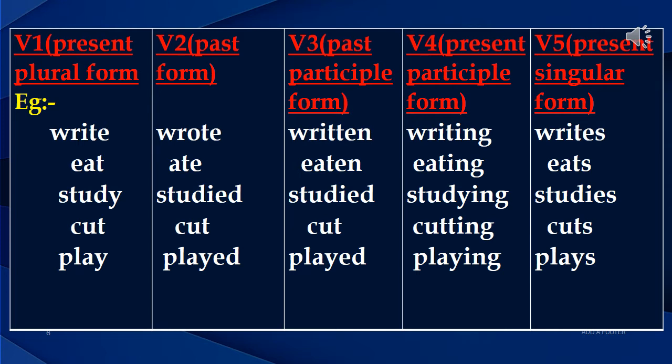Then V3, the past participle form. V4 is the present participle form or ing form. Then comes V5, called the present singular form. We use V5 forms with singular subjects, and we can make V5 forms by adding s or es or ies to the V1 forms of verbs.